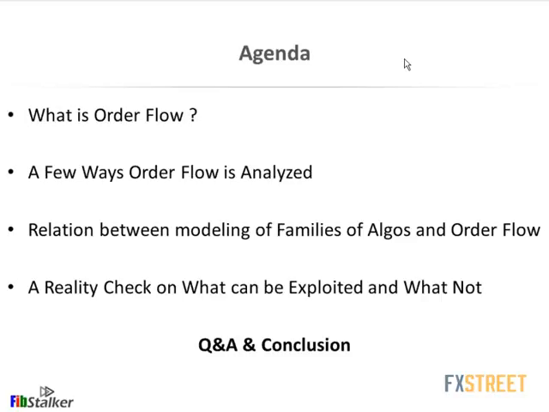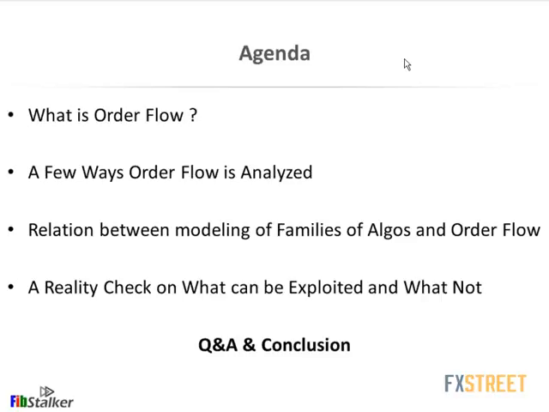And then I'll start introducing the relation that I see between order flow and some families of algorithms. Now, modern markets are dominated by algorithms, as I'm going to show to you.